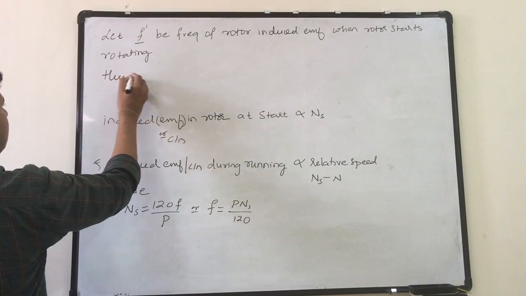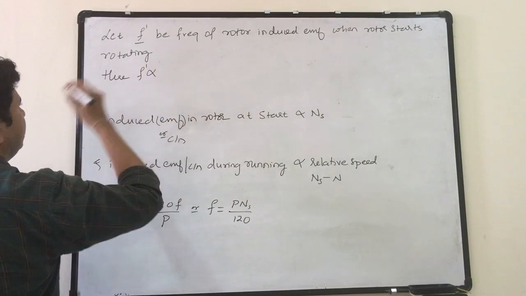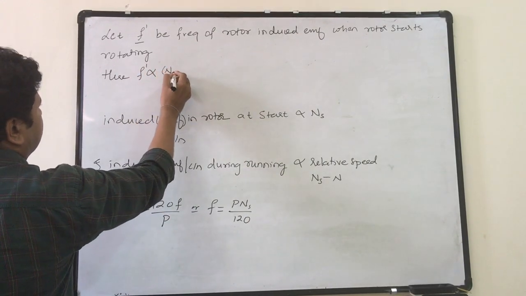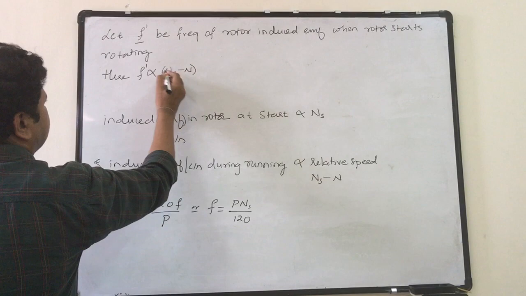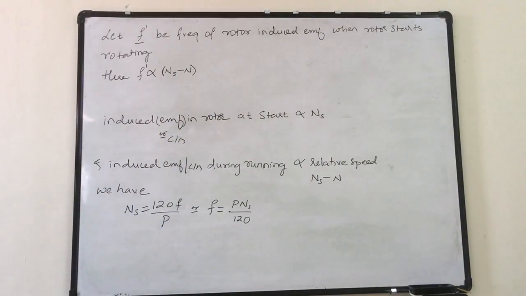Here f dash is proportional to ns minus n.